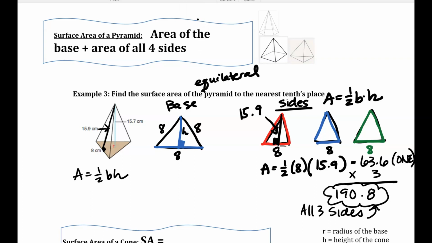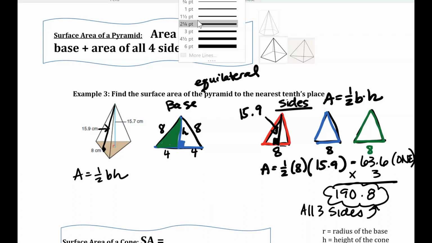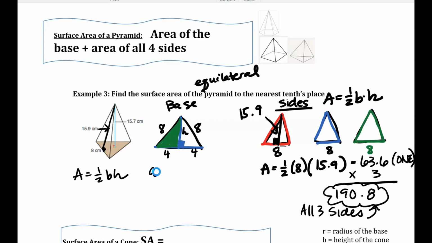So the way we're going to find that distance is we're going to use the Pythagorean theorem, and if this is an equilateral triangle, then we can say that this is 4 and this is 4, and just like in the last problem, we'll look at just one side of the triangle, and we'll use the Pythagorean theorem for that. So we're going to do a squared plus b squared equals c squared. Remember that c is the longest side.